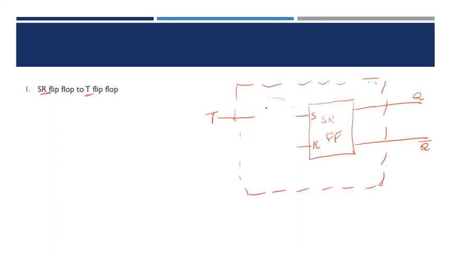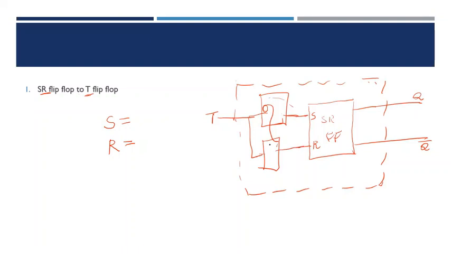Okay. So, what should be here? This is the question. In order to find out, we require Boolean expressions for S and R in terms of T. If we know the relation between S and T, draw the corresponding logic diagram and connect between T and S. Similarly, if we know the relation between T and R, draw the corresponding logic diagram and give it to the R input of the SR flip-flop.